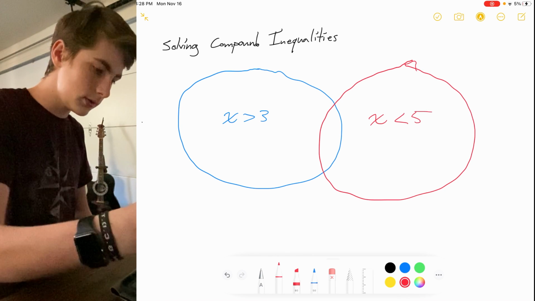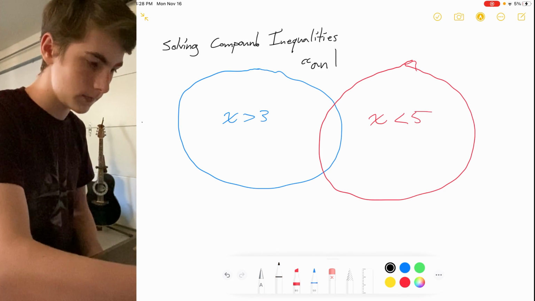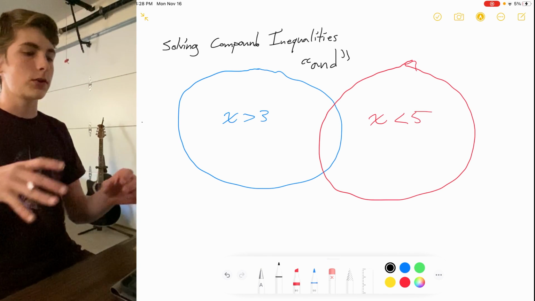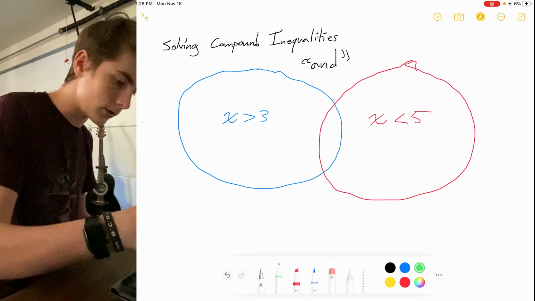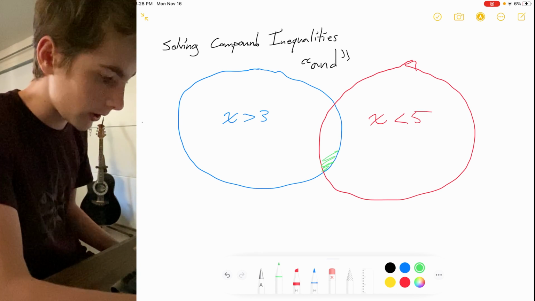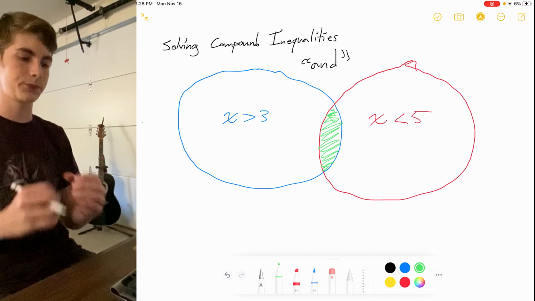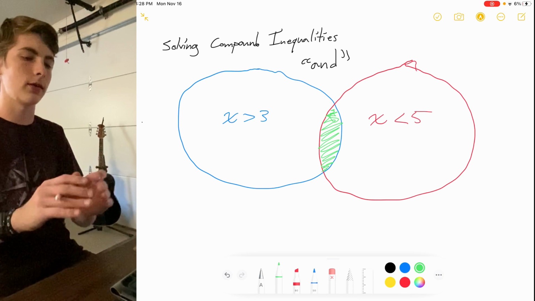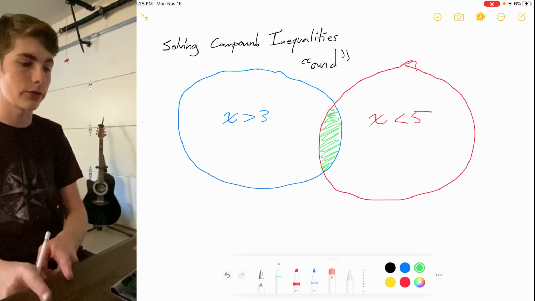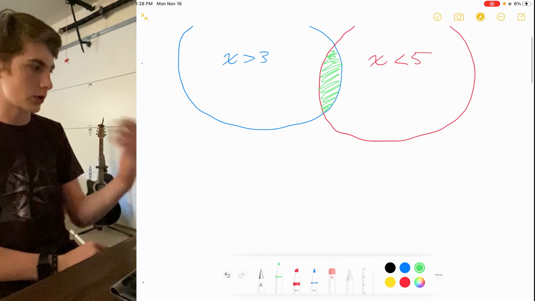And so if we're using "and", then, if we say x is greater than 3 and x is less than 5, what we're talking about is really this stuff right in here, where they intersect, right? Where they're both true. So where those two circles intersect, that's where x is greater than 3 and x is less than 5. And so I'll show you what I mean also on a graph here.